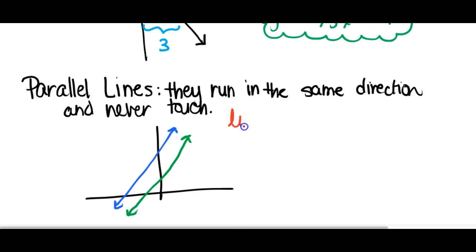So if I have line A and it's parallel to line B, that means both of them, for example, have a slope of 1/2.